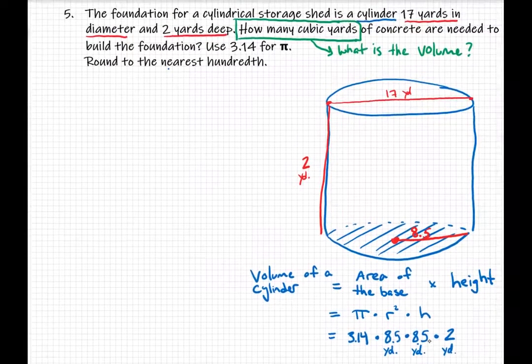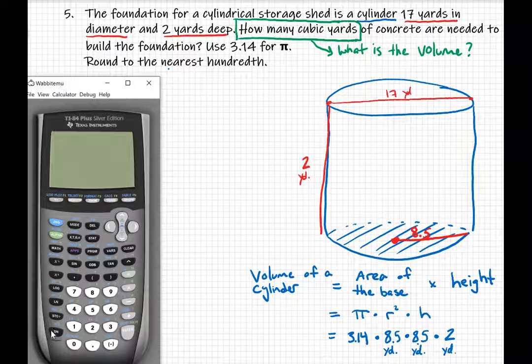All right, so before we talk about that, let's get this calculation done. I think 3.14 times 8.5 times 8.5 times 2 is better done in the calculator. So 3.14 for pi, times the radius 8.5, times the radius again, another 8.5, times the height, which is 2.